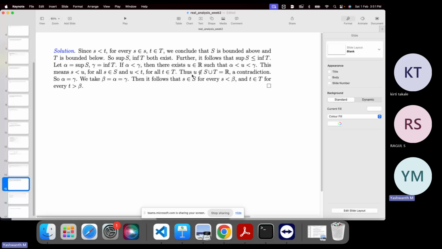But we are given that the union of S and T is R, and now you found a U that does not belong to S or T, right? So that gives a contradiction. So both have to be equal.